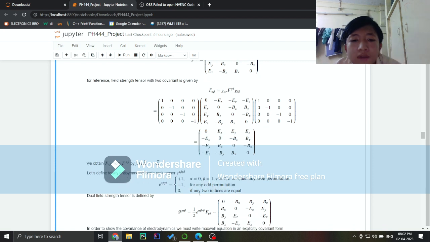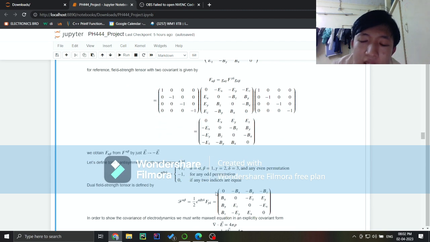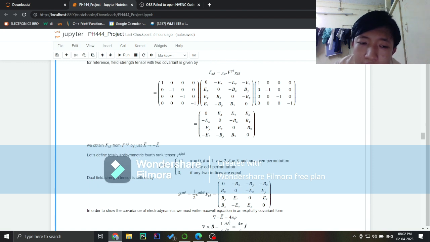Now we define one more quantity called the fourth rank tensor, and these are the properties of the fourth rank tensor. And using that fourth rank tensor and our f alpha beta tensor, we define one more tensor called the dual field strength tensor, which is basically this.